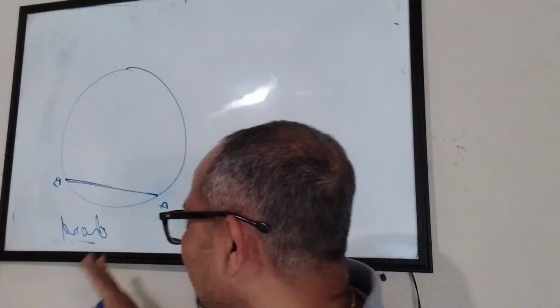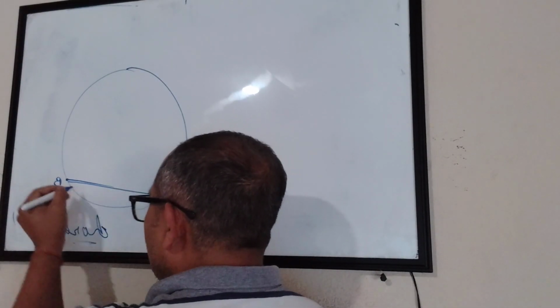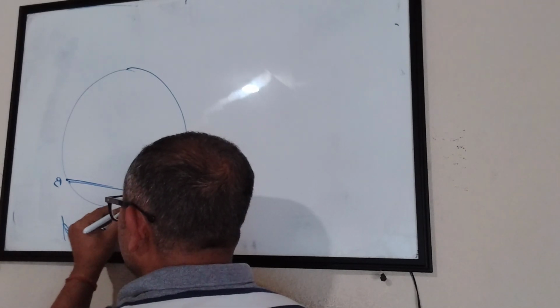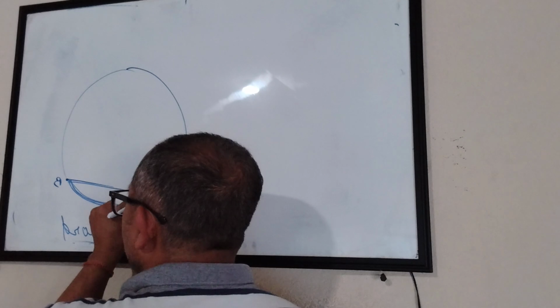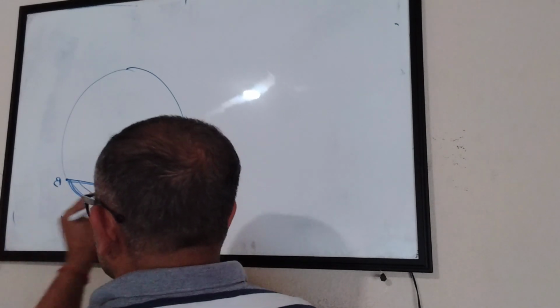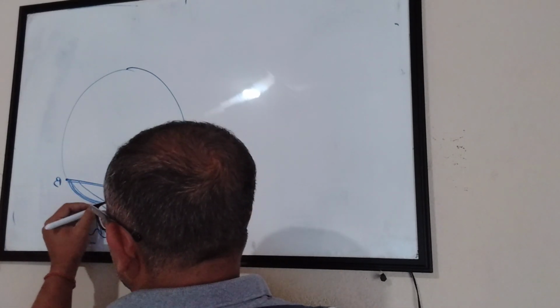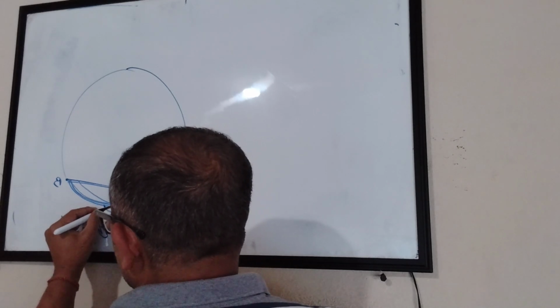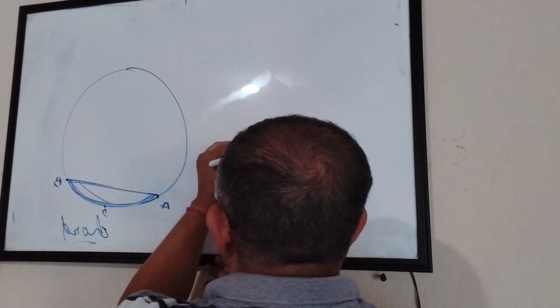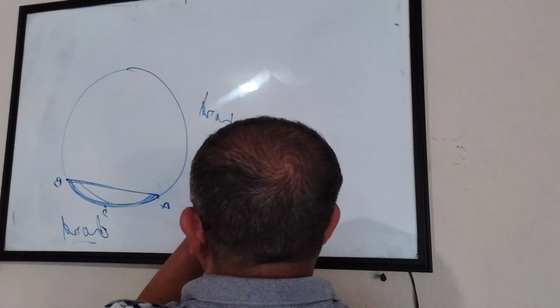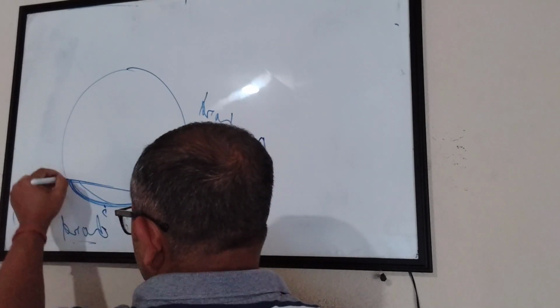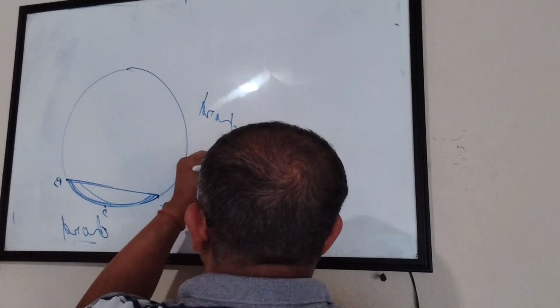So this is called chord, and if you look at the curvy part of it, that is called arc. The straight line AB. So let me differentiate it. Let me pick a point D here. So AB is called chord, and ADB, basically, I'm trying to say that this is the curve part.